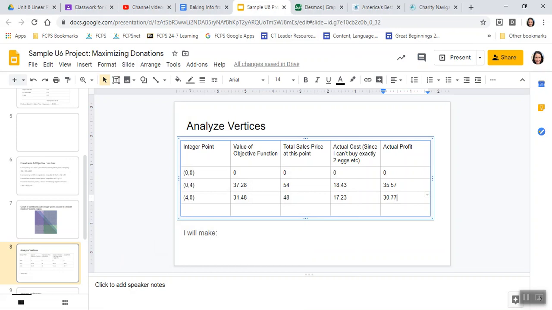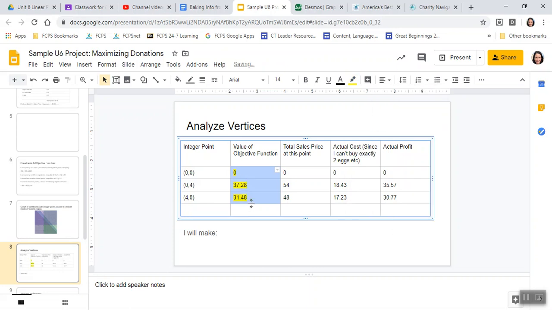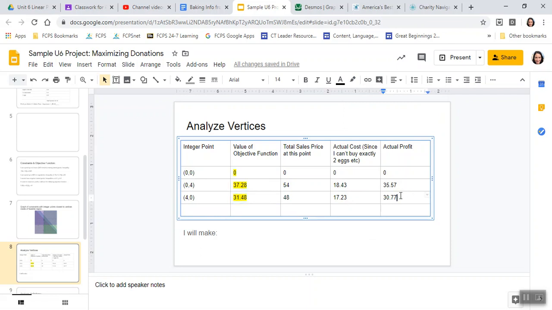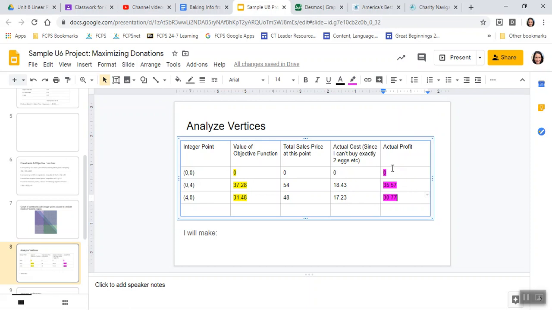Okay, so for my objective function, over here, I can see that I would make the most profit at the point 0,4, and then for my actual profit over here, I can find again that I would make the most actual profit at the point 0,4.